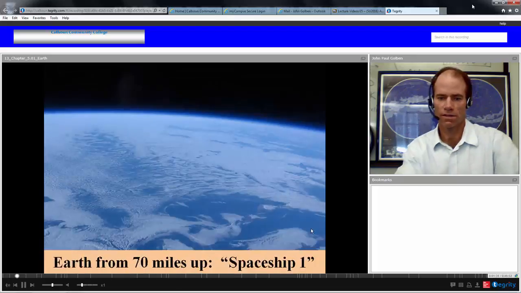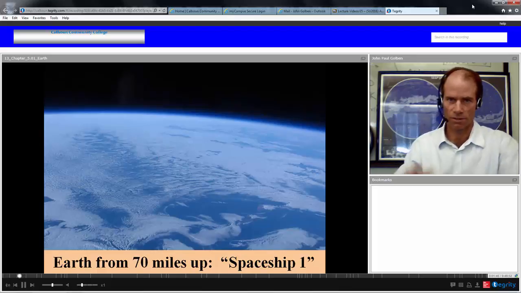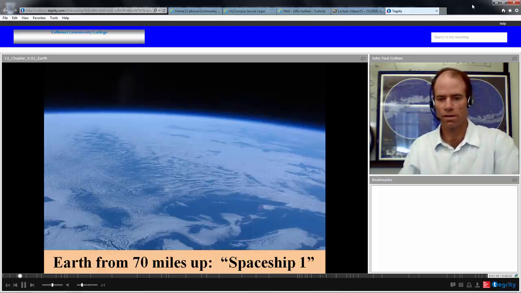Here's a look down on the Earth from the first commercial spacecraft in space, Spaceship One, from a few years ago. And this picture was taken from 70 miles up. Officially, if you go 63 miles up, you are in space. So this is from 70 miles up, and definitely you can see the curvature of Earth.